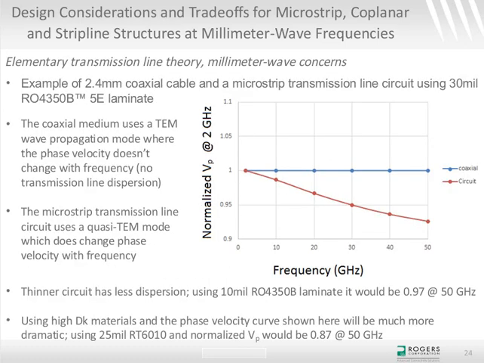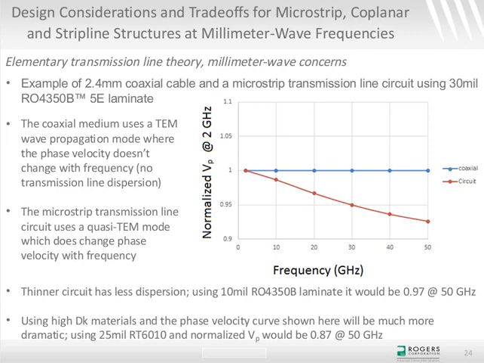So I've given an example here to kind of visually show this. If you look at the phase velocity of a 2.4 millimeter coaxial cable, and also a microstrip transmission line, 50 ohms based on 30 mil thick RO4350B laminates. And if you normalize this at 2 gigahertz, you can look at phase velocity on the y-axis and then frequency on the x-axis. And you can see that the phase velocity for the 2.4 millimeter coaxial cable with the pure TEM wave is unaffected with frequency. It's pretty much constant.